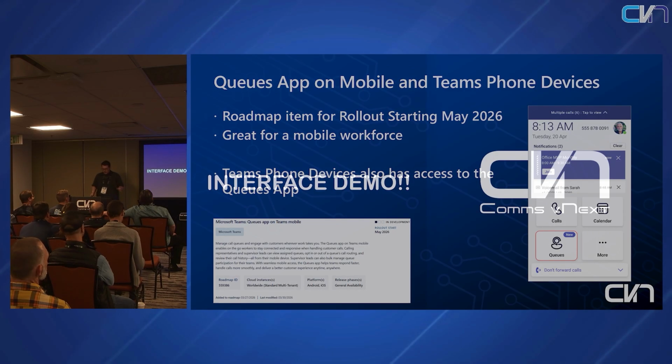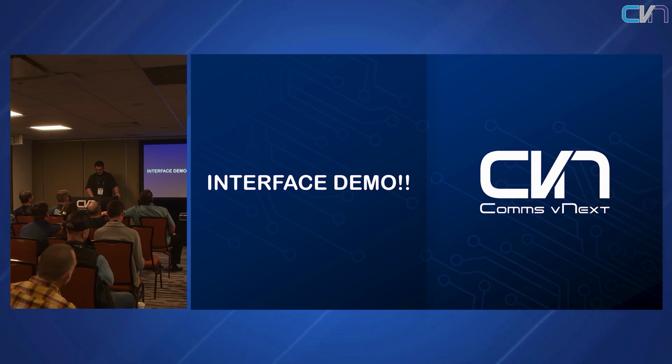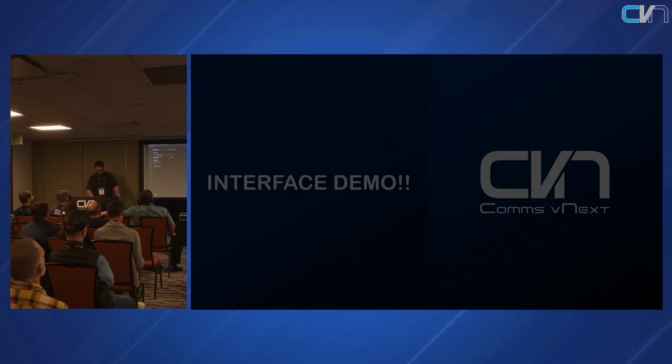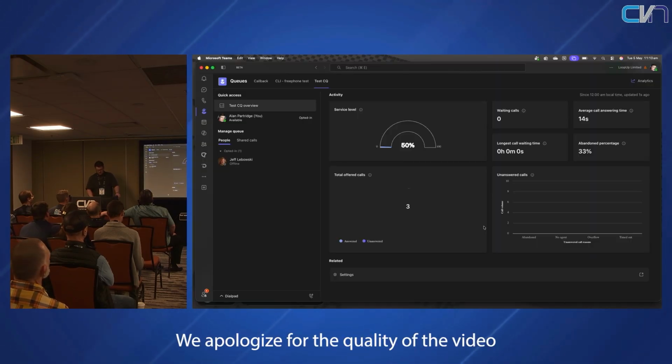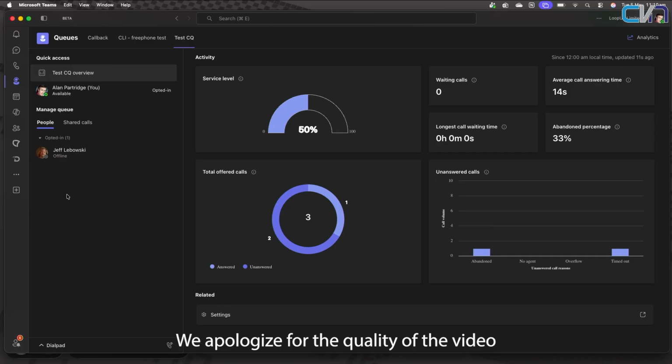Let's take a look at the interface itself. Hopefully the internet's okay. This is the QSAP. Down your left-hand side, we're in a standard Teams client. Sorry, it's dark theme, not light theme.